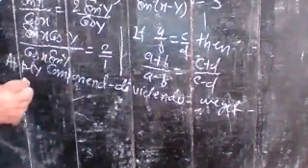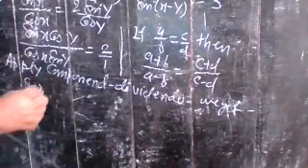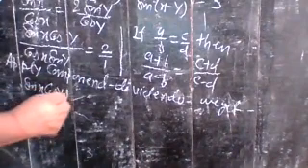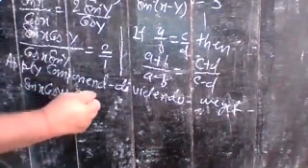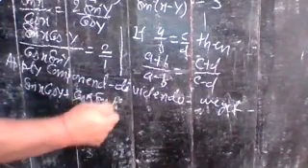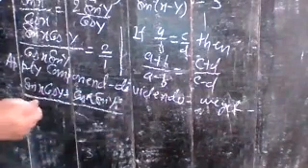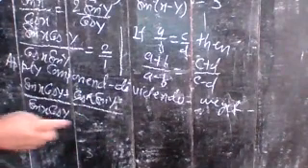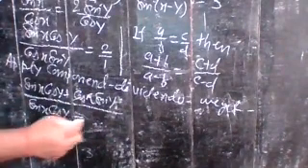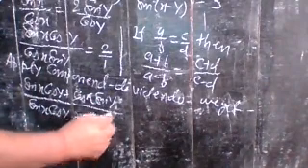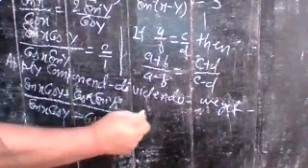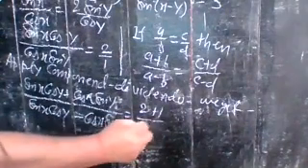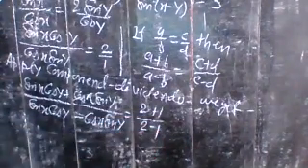So applying it, you can write sin x cos y plus cos x sin y divided by sin x cos y minus cos x sin y is equal to 2 plus 1 upon 2 minus 1.